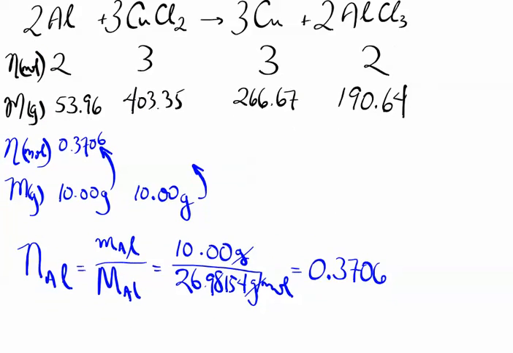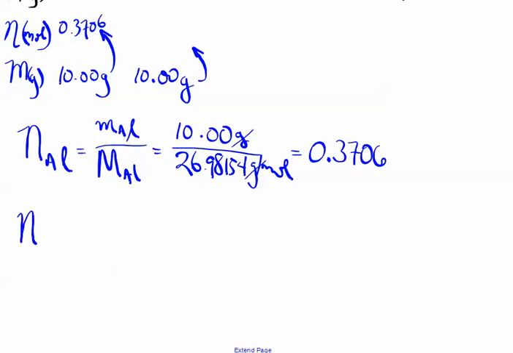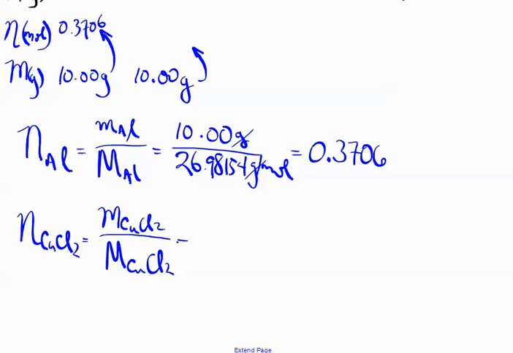Now we want to look at copper 2 chloride. 10.00 grams divided by, now I'm going to get my molar mass here. So I'm going to go chloride is 35.4527 times 2 plus copper, 63.546 equals 134.4514.